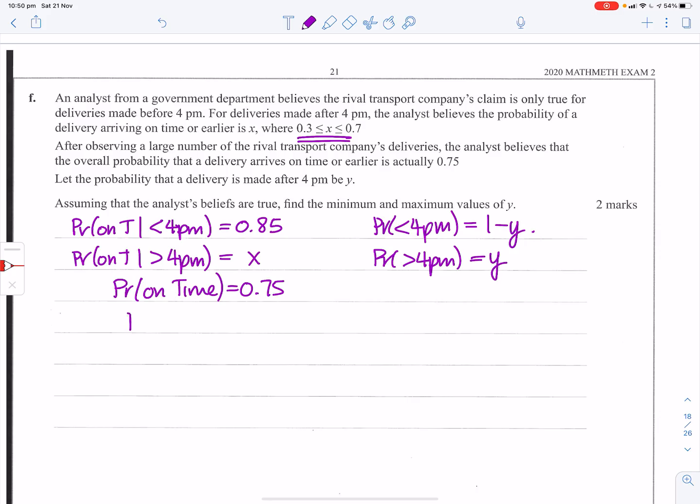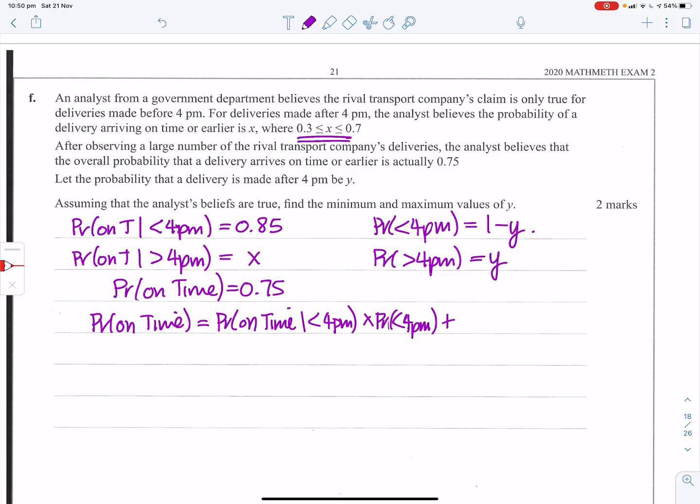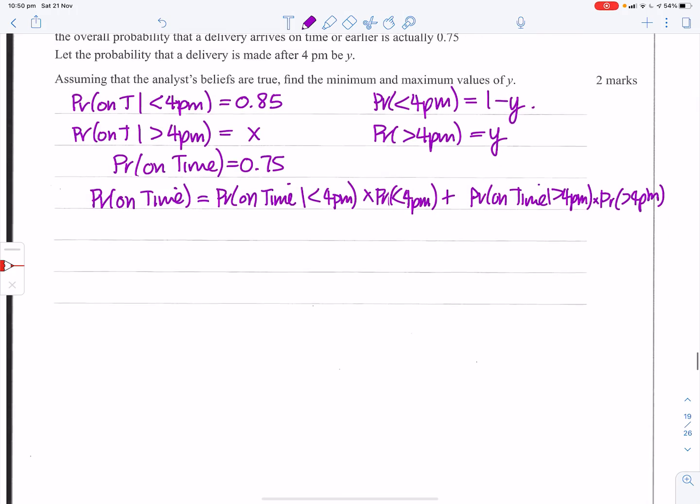The probability that it's on time is the probability that it's on time, given that it's before 4 p.m, times the probability that it's before 4 p.m, plus the probability that it's on time, given that it's after 4 p.m, multiplied by the probability that it's after 4 p.m. This is the law of total probability.